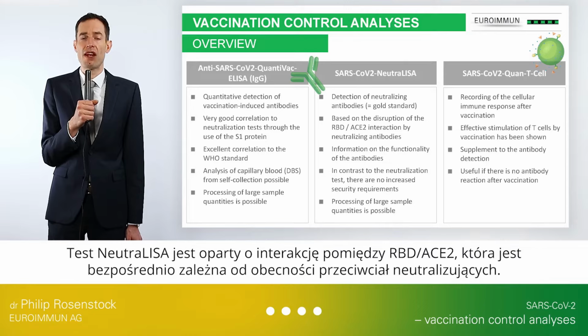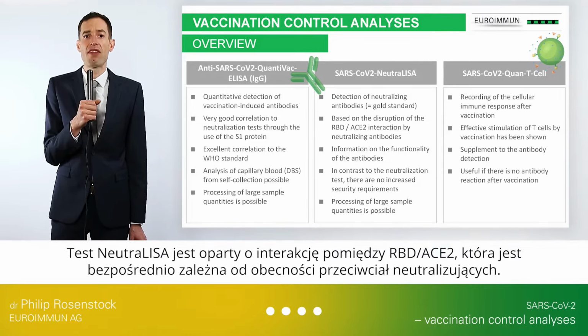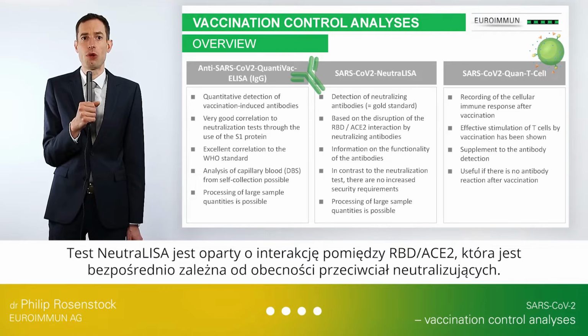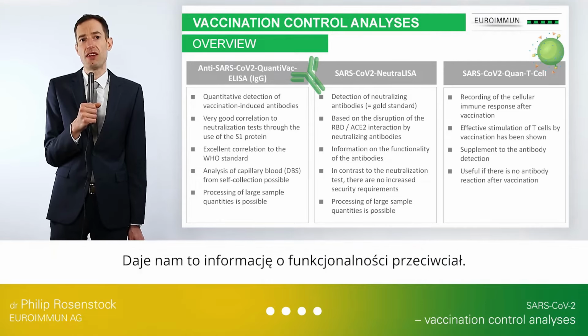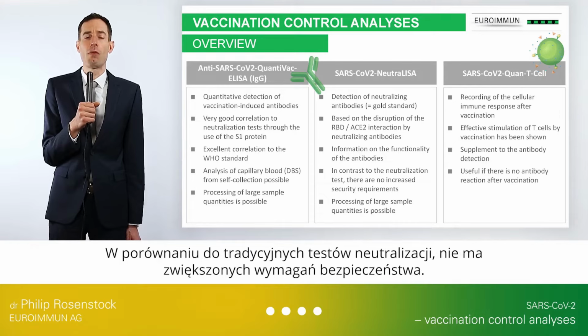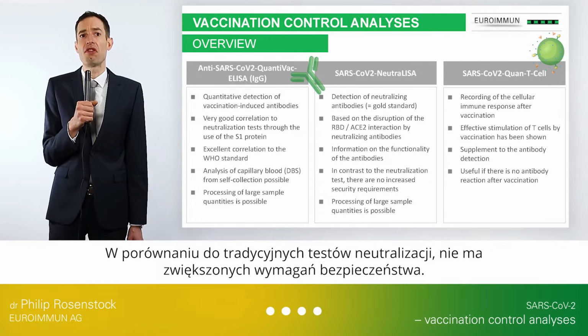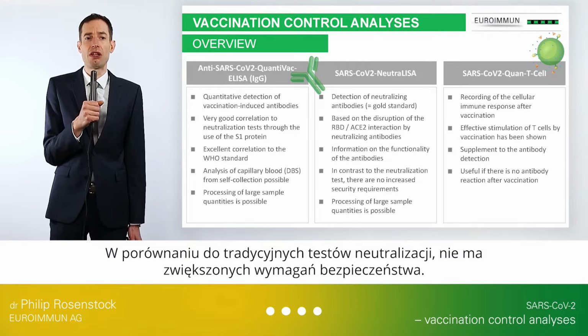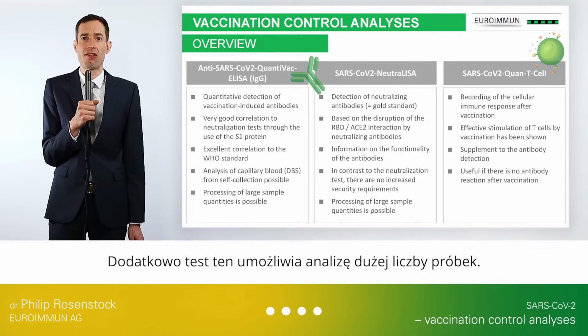This NeutraLISA is based on the RBD-ACE2 interaction and therefore can directly be linked to the occurrence of neutralizing antibodies. So it gives information about the functionality of the antibodies, and in contrast to regular neutralization assays, there is no increased security requirement necessary, and high numbers of samples can be analyzed.